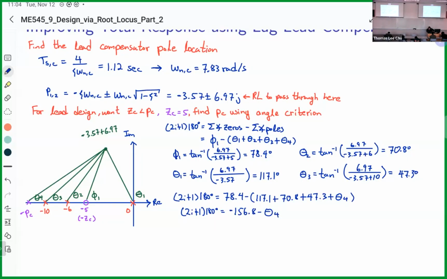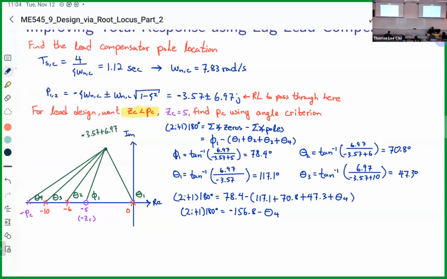So again, we're trying to aim for quadrant 1 or quadrant 2 angle. In this case, we're only looking for quadrant 1 because phi 1 is a quadrant 1 angle, and we want theta 4 to be a smaller angle than phi 1 because we want to meet this condition. Maybe I'll make a little note here.